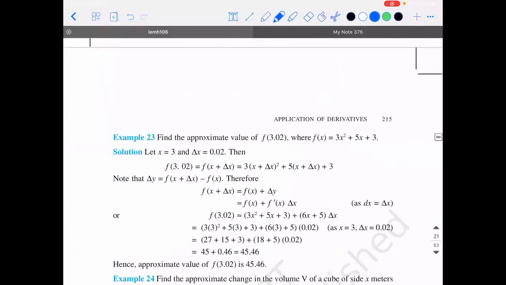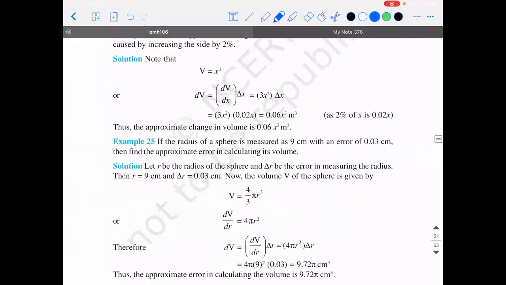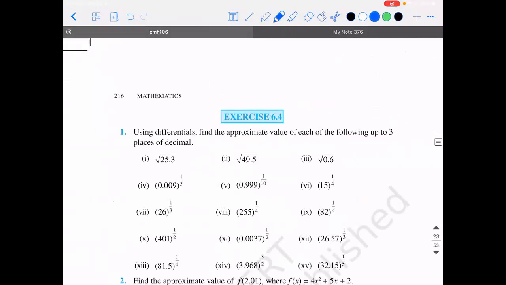Shall we proceed to the next problem? See, you guys write square root of 25.3 and tell me, 2 minutes time.